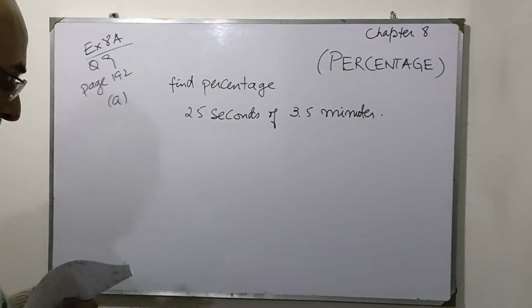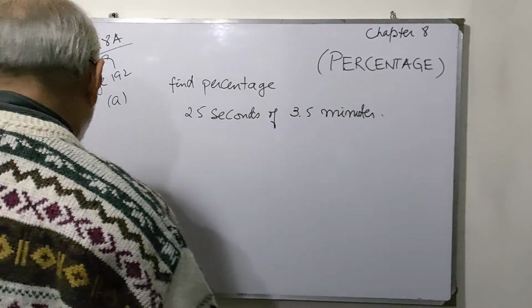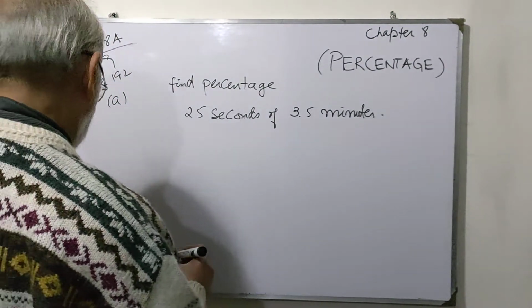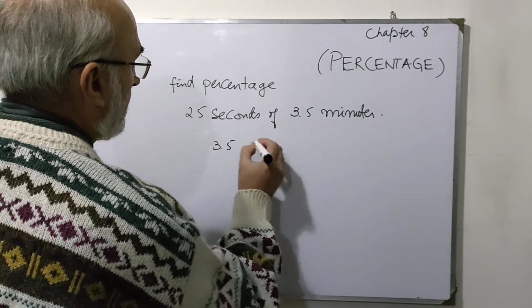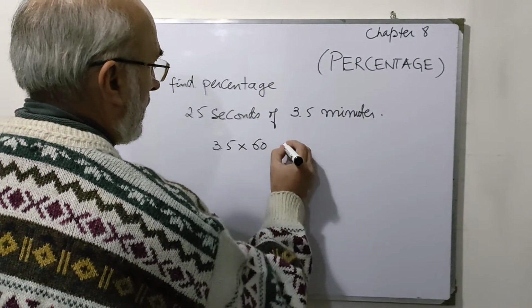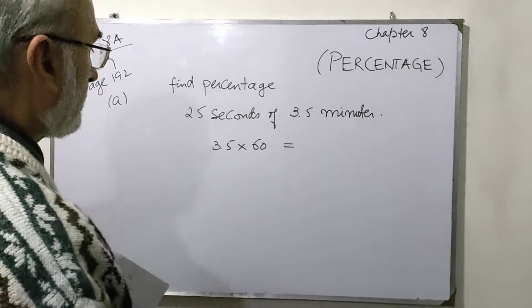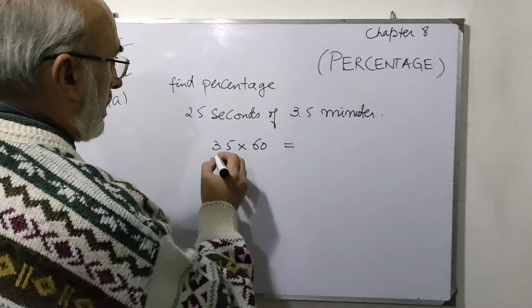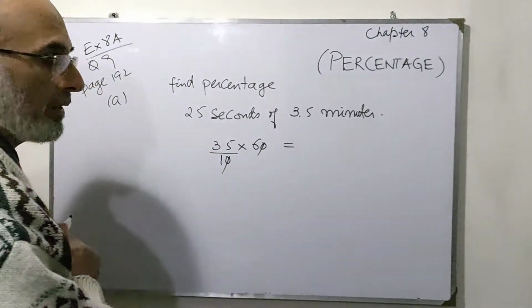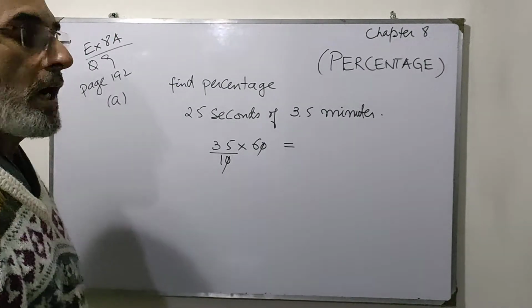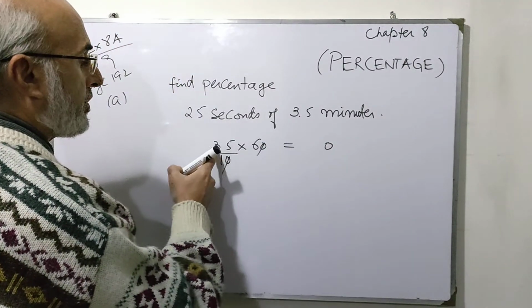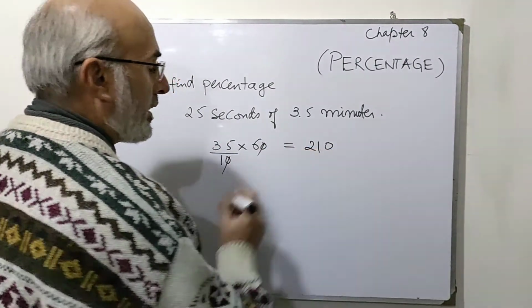So 3.5 into 60 equals... If you don't have a calculator, how do you calculate it? Now 6 5s are 30, 6 3s are 18, so it's 210 seconds.